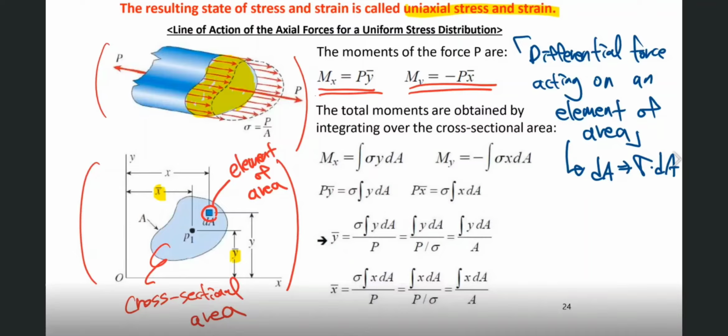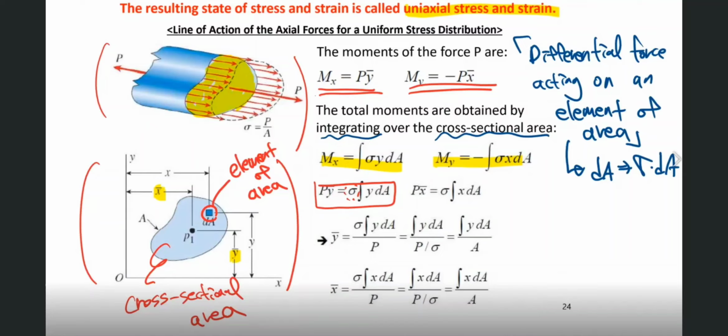the total moments are obtained by integrating, right? Integrating over the cross-sectional area. So here, two different equations can be identified. Basically, sigma is uniformly distributed, right? So we can rewrite the moment equation like this: P y bar, which means Mx, is equal to sigma integration y dA, because again the stress is uniformly distributed, right?